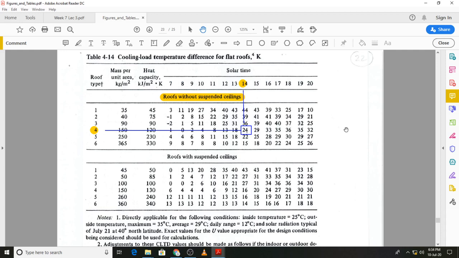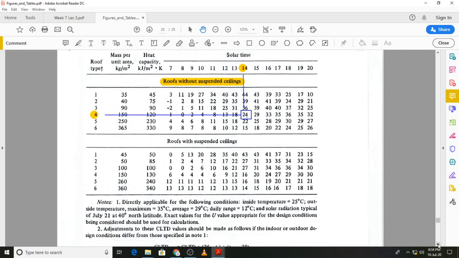The next thing is to modify this value, that is, we need to find out CLTD adjusted, and the formula for CLTD adjusted is given at the bottom of the table.